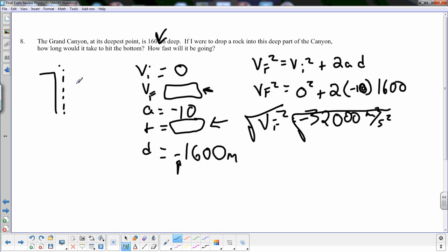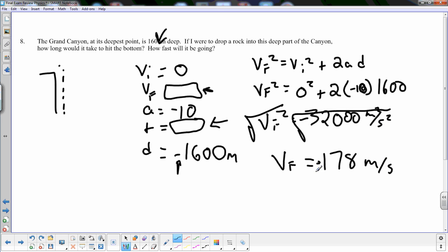Square root of 32,000 is 178. VF equals 178 meters per second, but because we're dealing with a vector quantity, it's actually negative 178 meters per second. That just means it's going down.